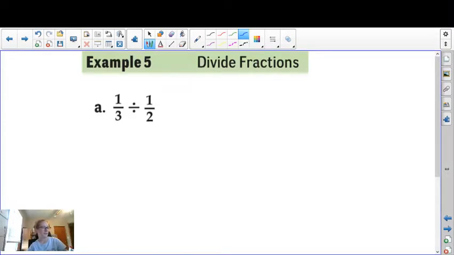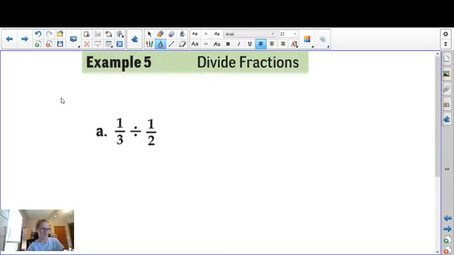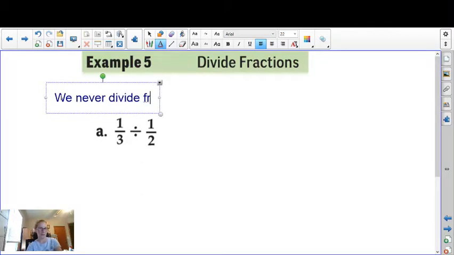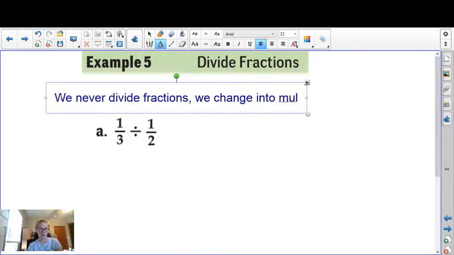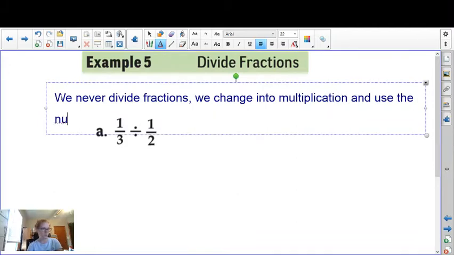All right, dividing fractions. So when we divide, I'm going to scooch this down a little bit because I'm going to write a note up top. We never divide fractions. We change into multiplication and use the multiplicative inverse of the second fraction.